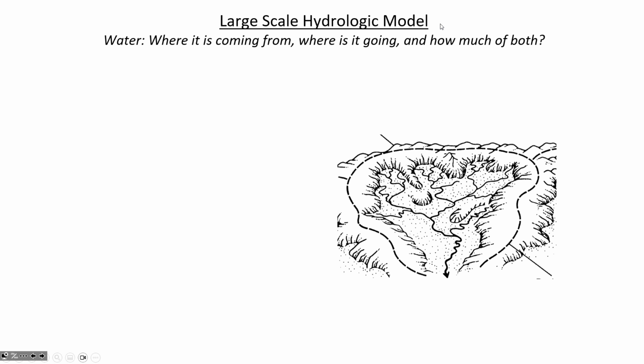So a large-scale hydrologic model asks us to apply a volume balance to keep track of the inflows and the outflows. And in fluid mechanics, you were introduced to the Reynolds transport theorem, which says that there's inflow to some control volume, there's outflow from some control volume, and the difference between the two is whether the storage will rise or fall.